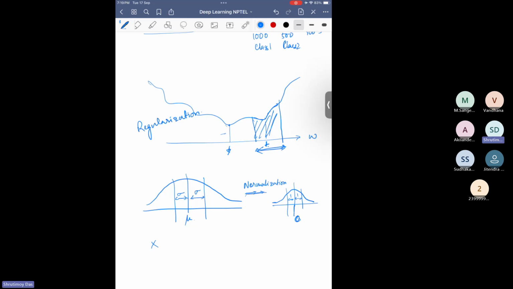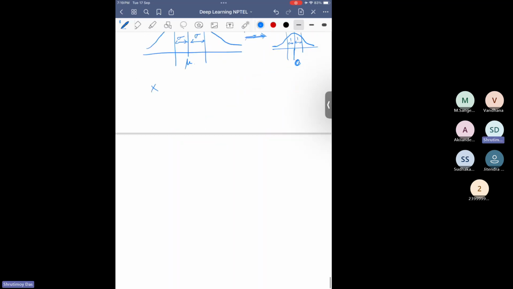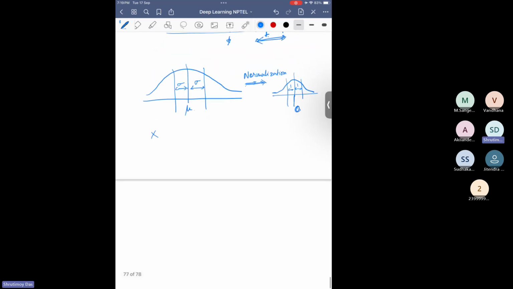The term that I'm using here, normalization, is the same as standardization. But if you go to sklearn, they have something called normalization which is completely different. I am talking about normalization in the sense of a Gaussian distribution.